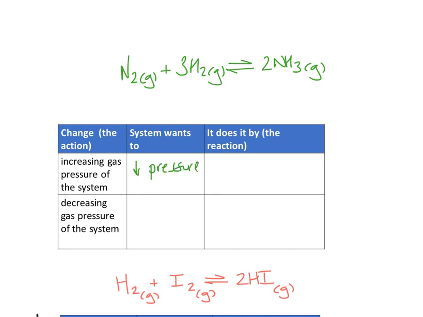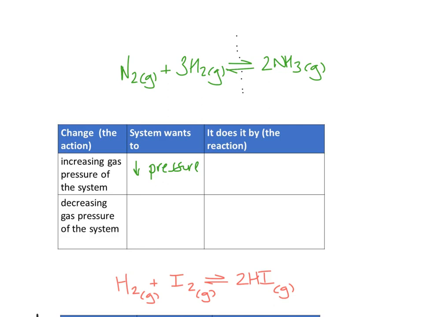Now, the way this decreases the pressure is by selecting a side of the equation. So it's handy thinking of the equation as 2 parts, the reactants and the products. It's going to choose the side of the equation with the least gas molecules.